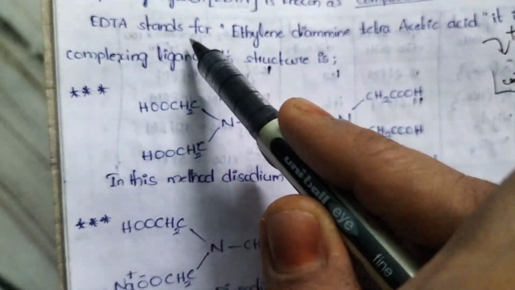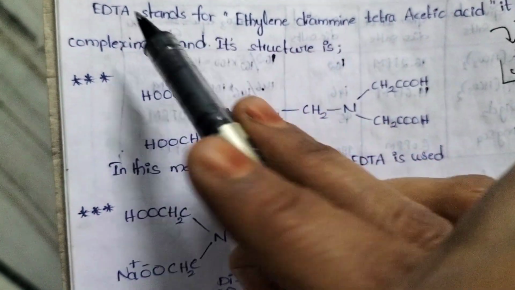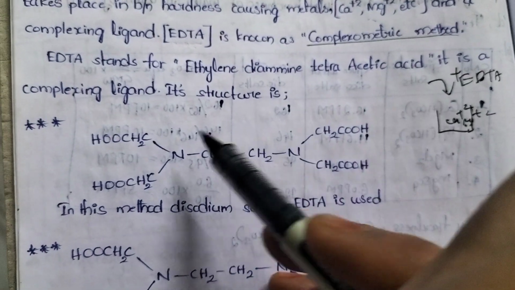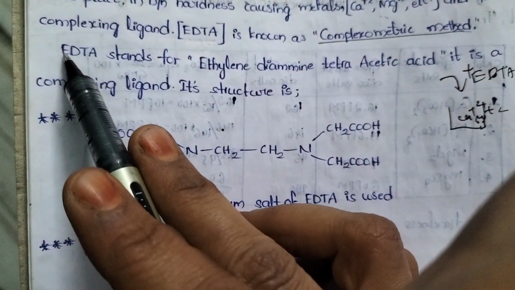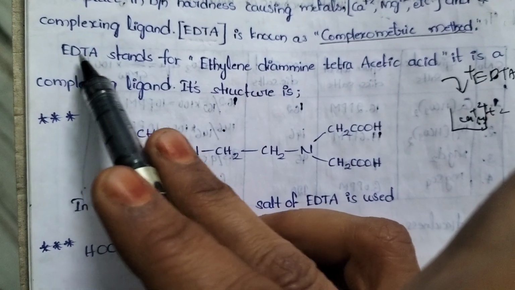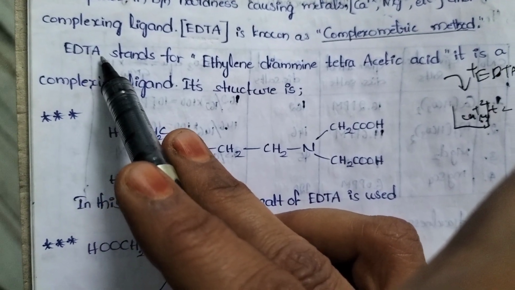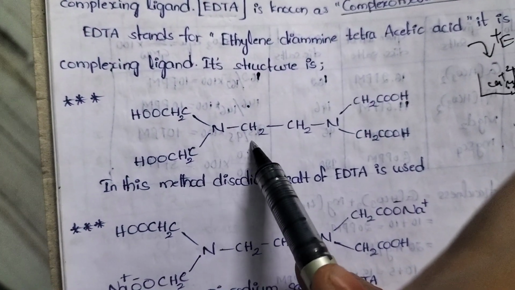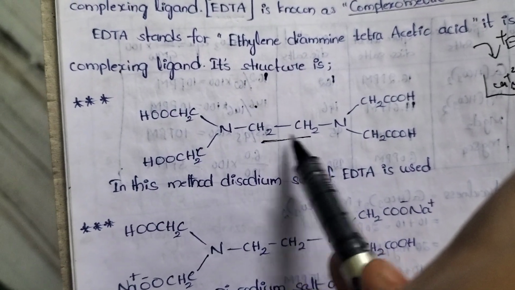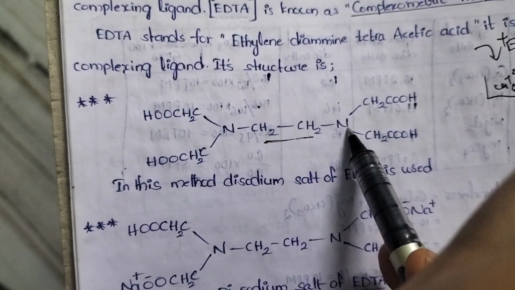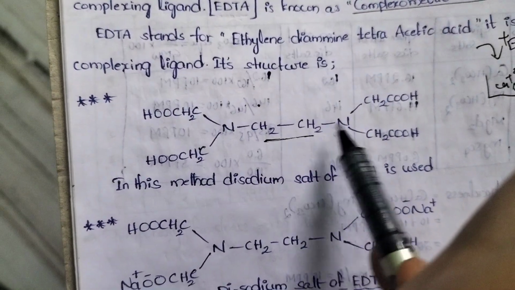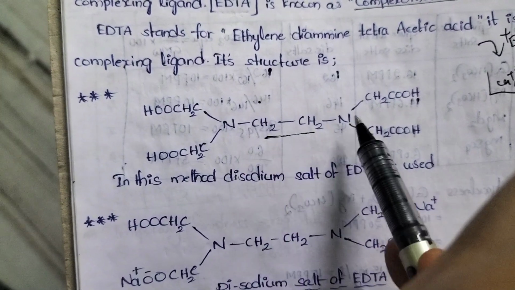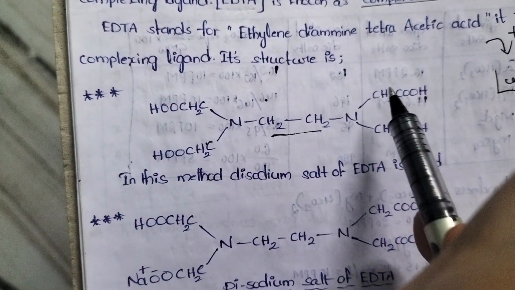Next, what is EDTA? EDTA stands for ethylene diamine tetraacetic acid. It is a complexing ligand. E stands for ethylene, D stands for diamine, T stands for tetra, A stands for acetic acid. Look into the structure of EDTA. Here 2 carbons indicate ethylene, 2 nitrogens indicate diamine.